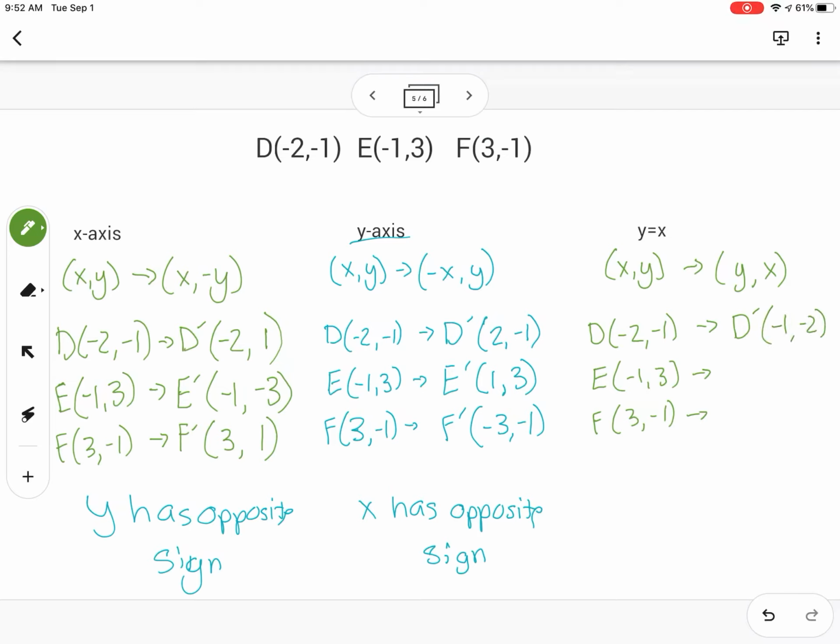D prime will be negative 1, negative 2. E prime will be 3, negative 1. And F prime will be negative 1, 3. So for y equals x, switch the order of x and y. That's it.